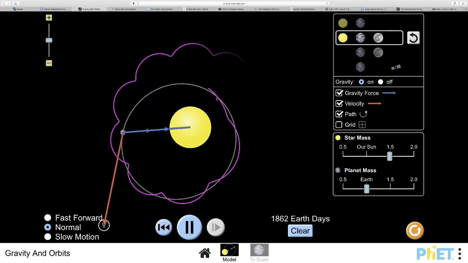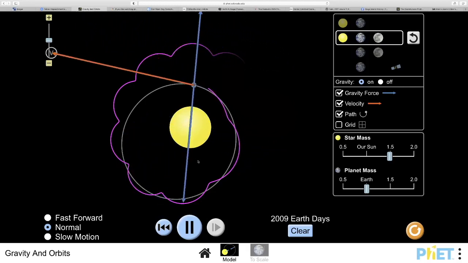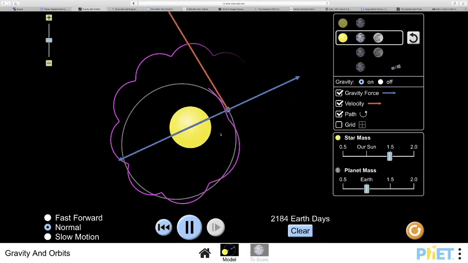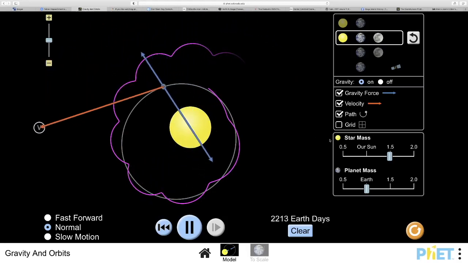Notice at one point during the year, we're much closer to the Sun due to this quick change in mass. So as we get closer, notice how the amount of gravity increases by a lot very quickly. So the further we are away, watch the less gravity. The closer we get, watch how the gravity increases a whole lot.